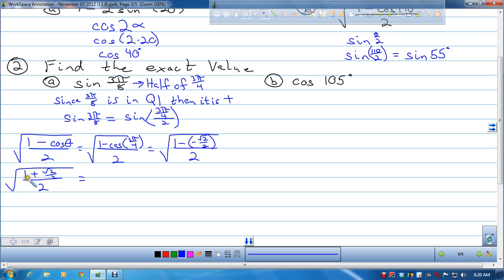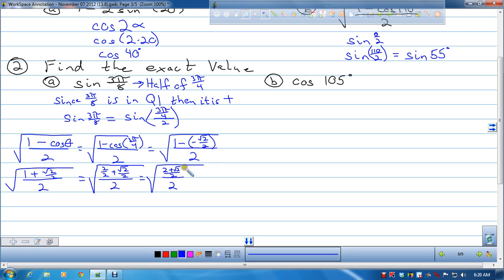The first thing we need to do is combine these terms in my numerator. I have 1 plus root 2 over 2. To get a common denominator, the 1 becomes 2 over 2. So that is simply 2 plus root 2 over 2, and all that's over 2.